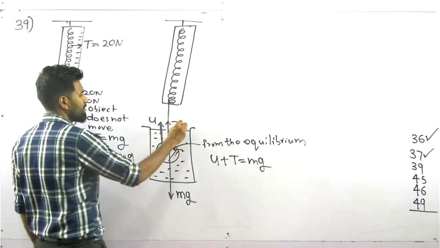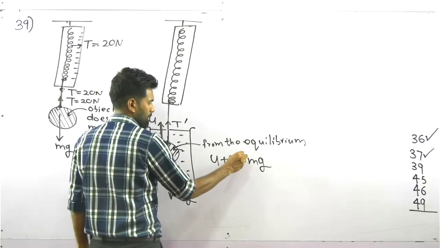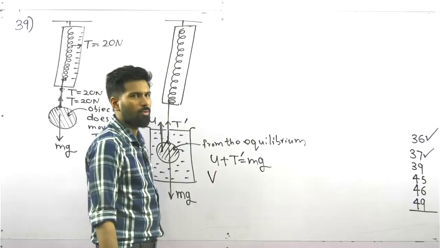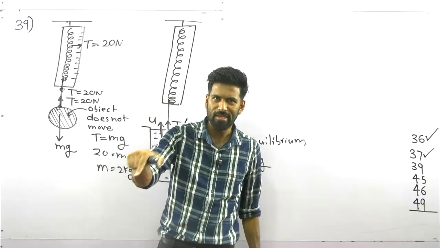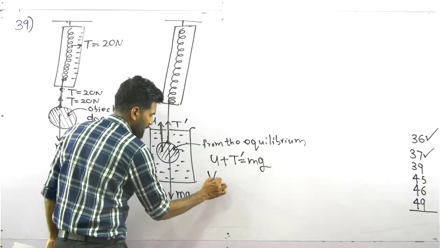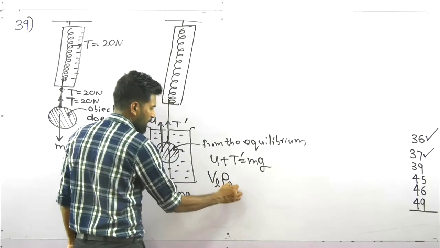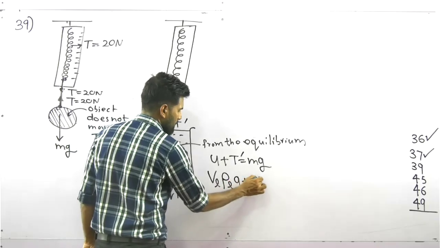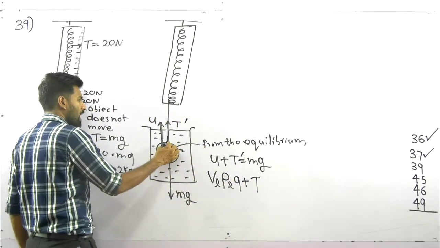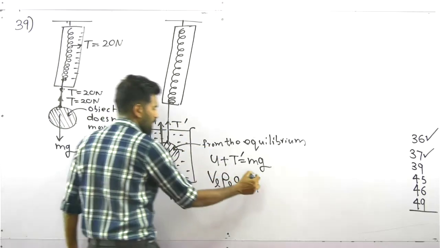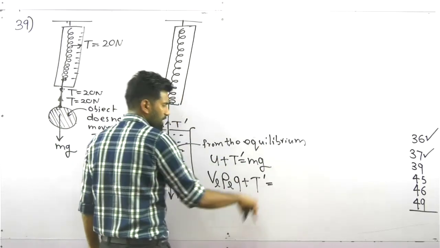Let's say here the tension is T dash. Upthrust is the volume of the object that is inside the liquid, and here it's the total volume, times the density of the liquid, times g, plus the tension, also acting in the upward direction, T dash, is equal to the weight.